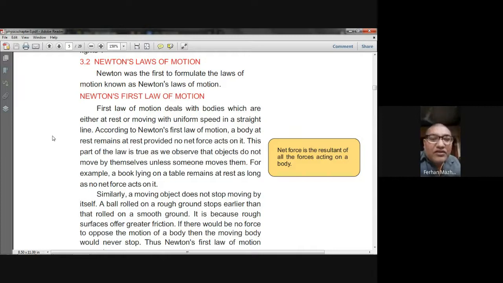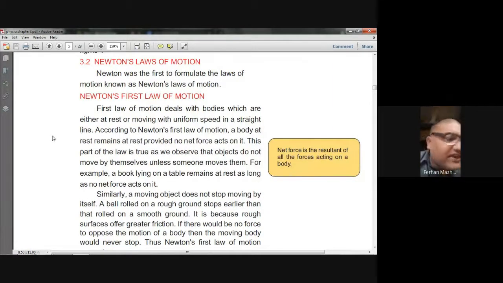So Newton's first law says that a body which is at rest will remain at rest unless you apply a net force, a force which is not balanced.